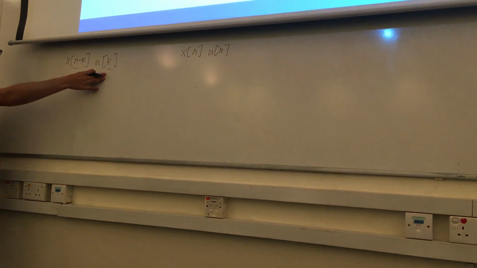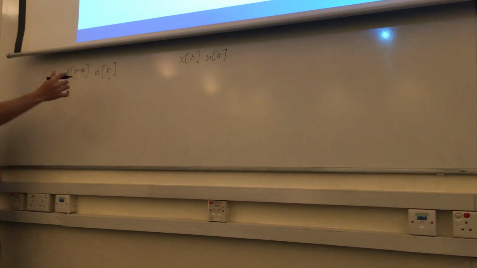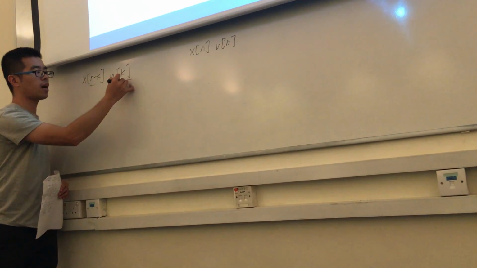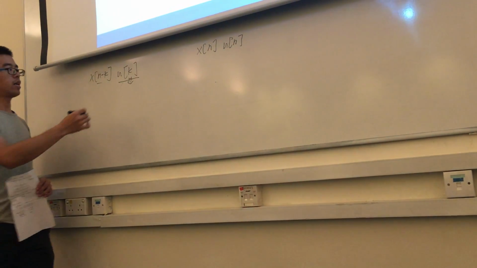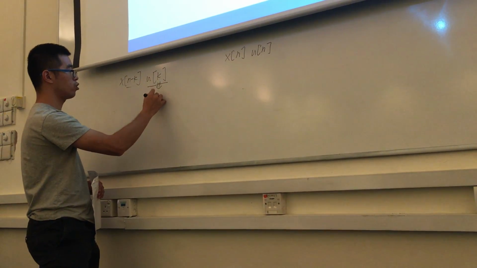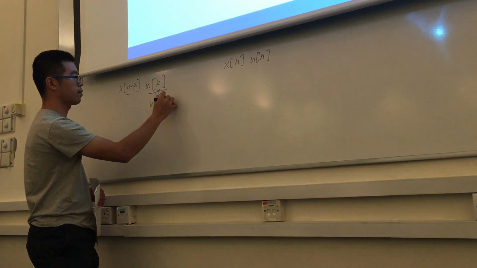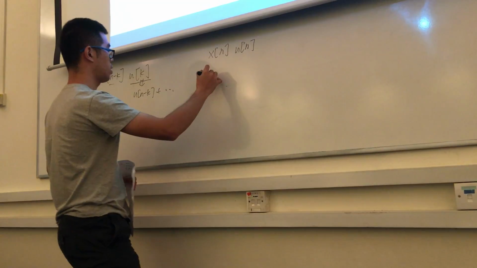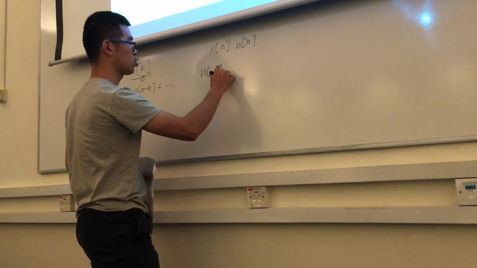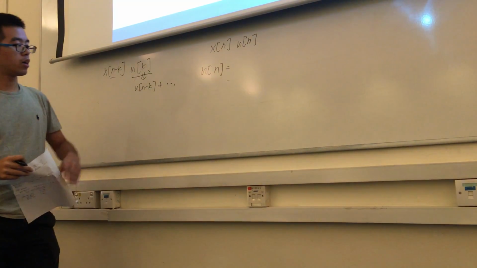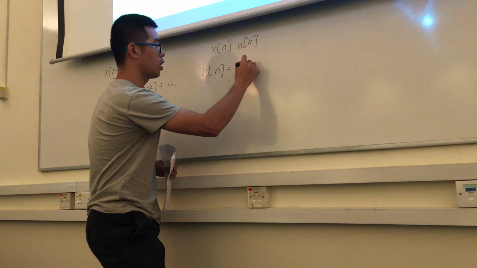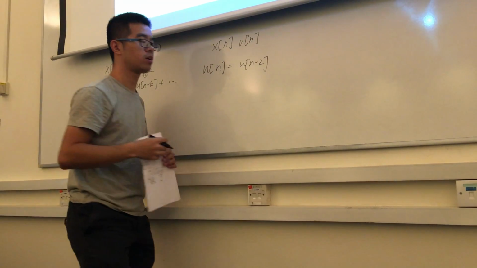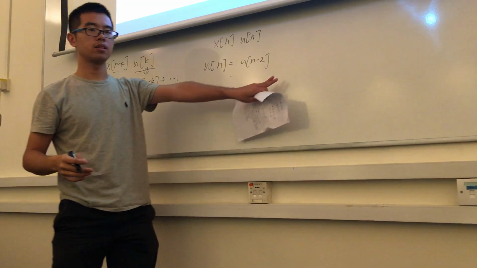So in the last topic, I introduced how to change this part into a function of u[n-k] plus something. Remember, for example, we want to express it by n minus 2. How do we express it?